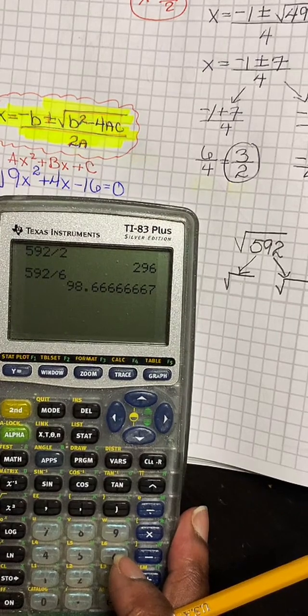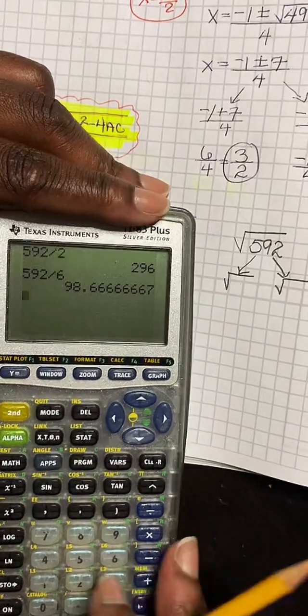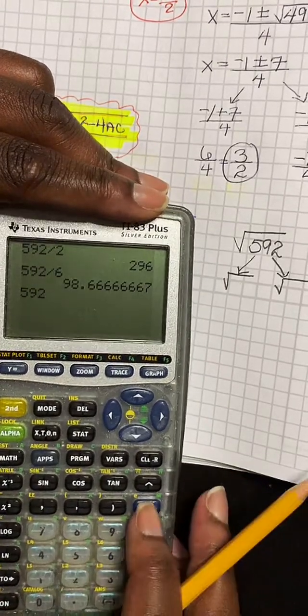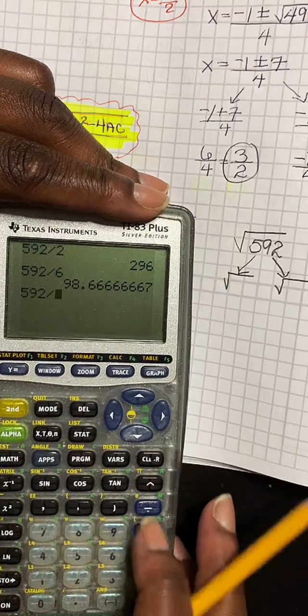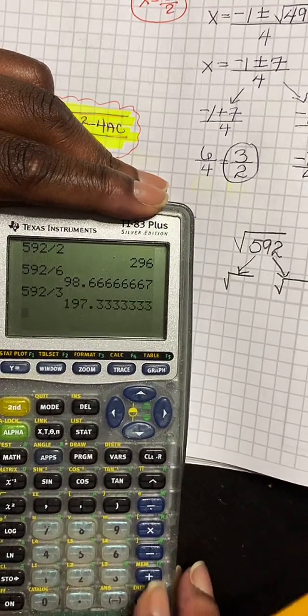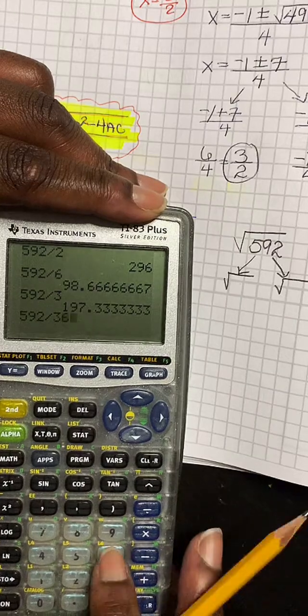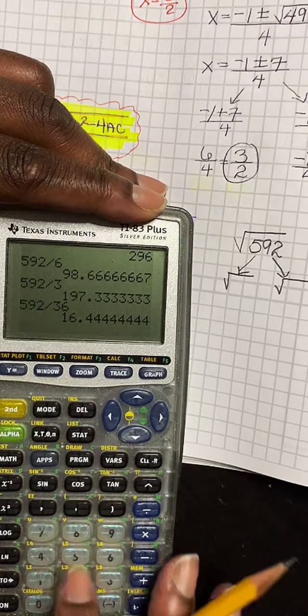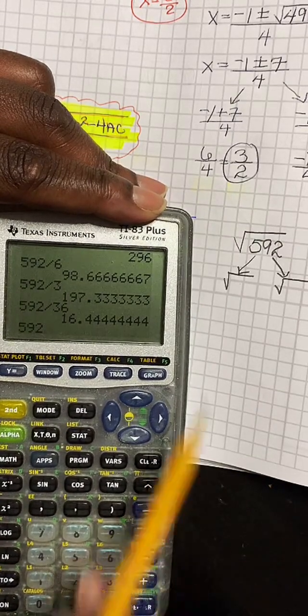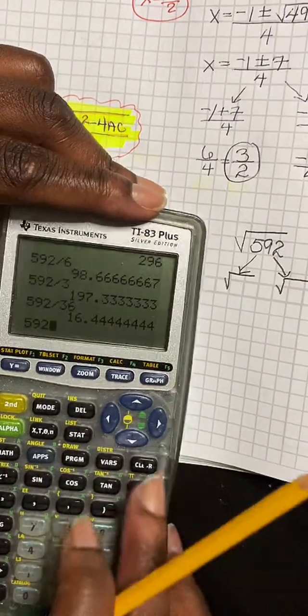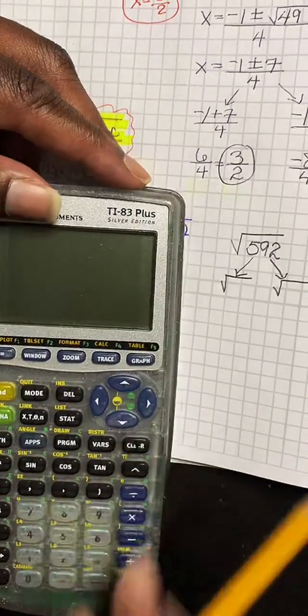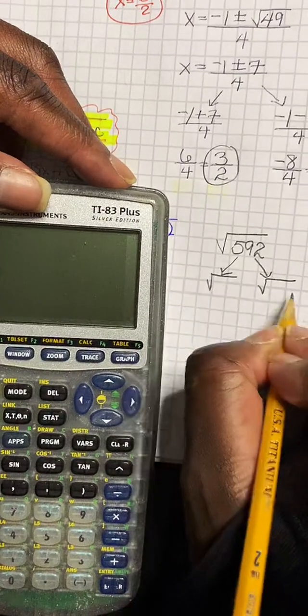But we're going to play around with a couple of the numbers. Either you play around with the prime numbers, or you can play around with some of those perfect squares.